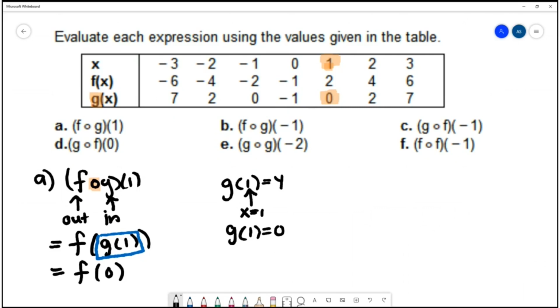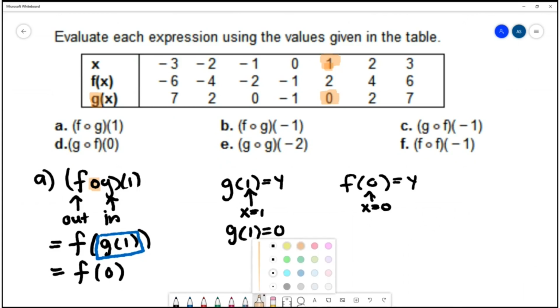And then we can focus on the notation f of 0. We know that x is equal to 0, and f of 0 is referring to the y value. So to simplify this, we're going to go on our table where we have an x of 0, and for the function f, find that y value.